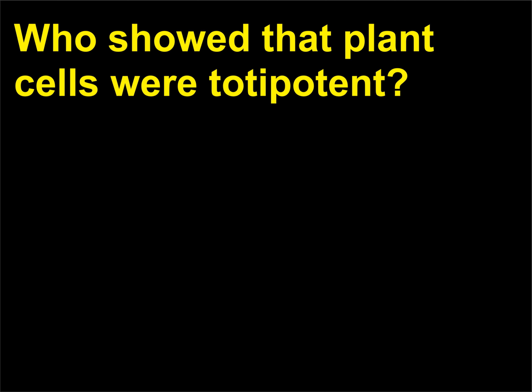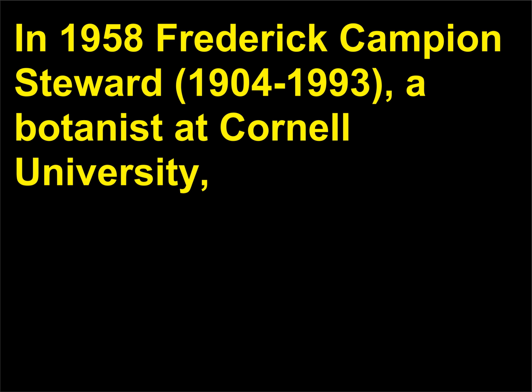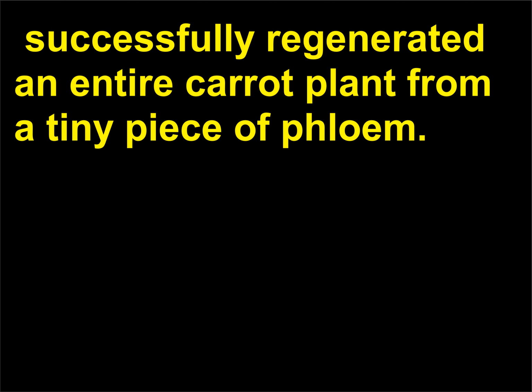Who showed that plant cells were totipotent? In 1958 Frederick Campion Stewart, 1904 to 1993, a botanist at Cornell University, successfully regenerated an entire carrot plant from a tiny piece of phloem.